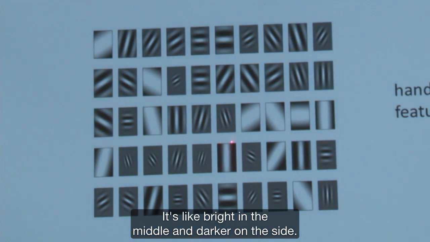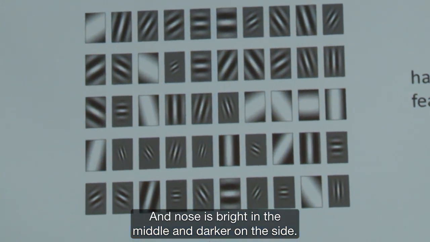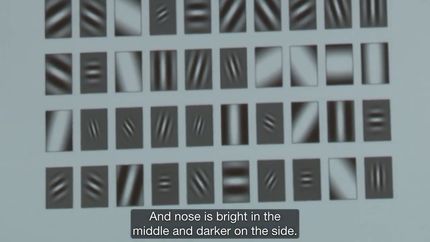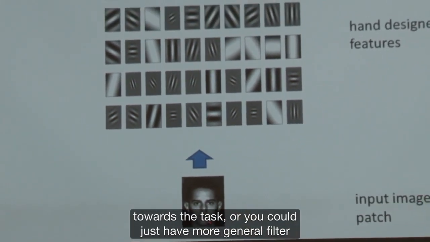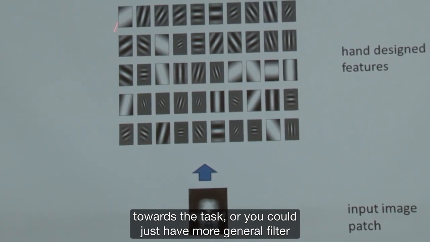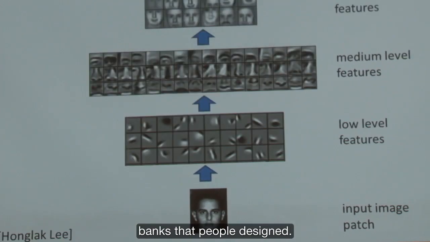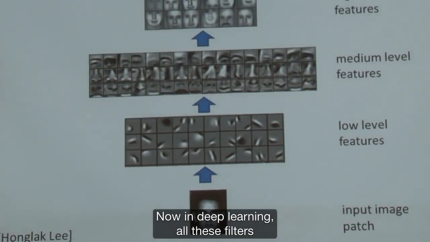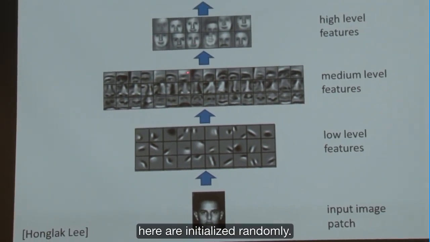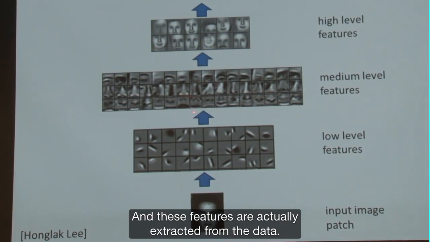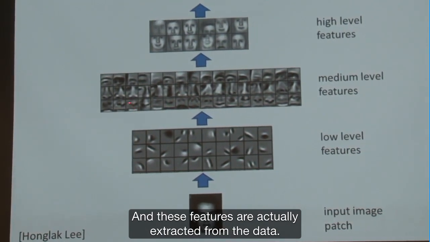It's bright in the middle and darker on the side. So you could make them very specifically tailored towards the task, or you could just have more general filter banks that people designed. Now, in deep learning, all these filters here are initialized randomly. And these features are actually extracted from the data.